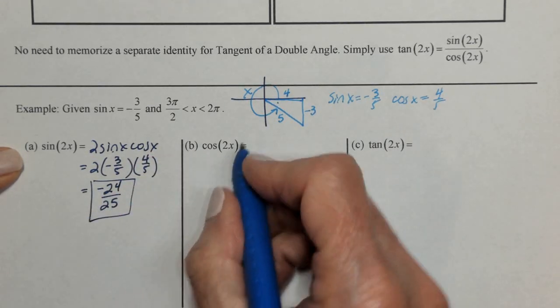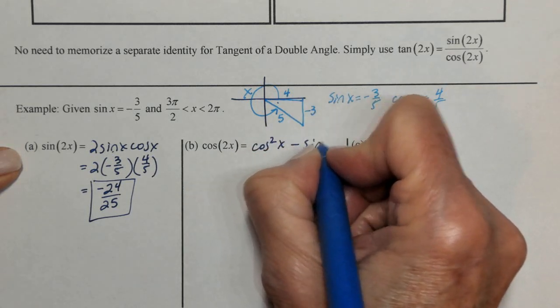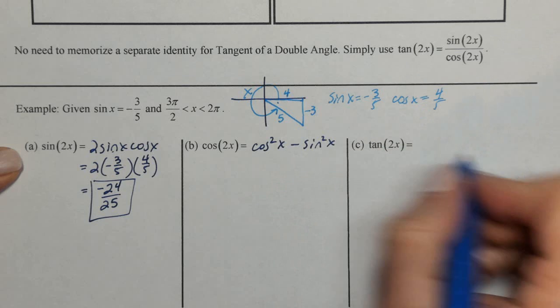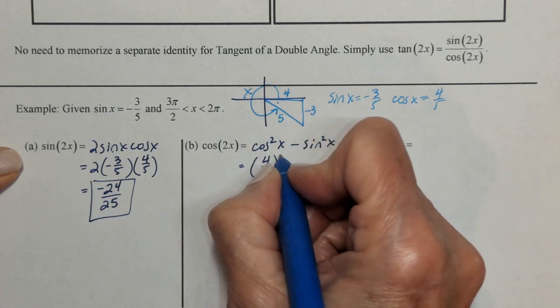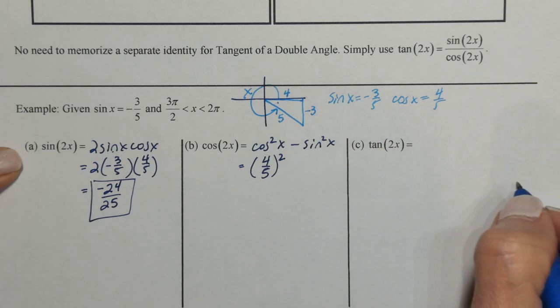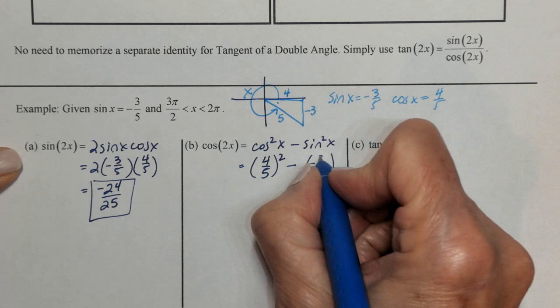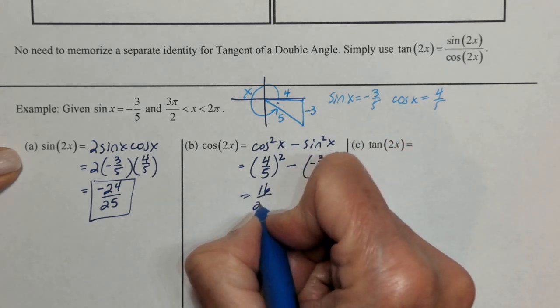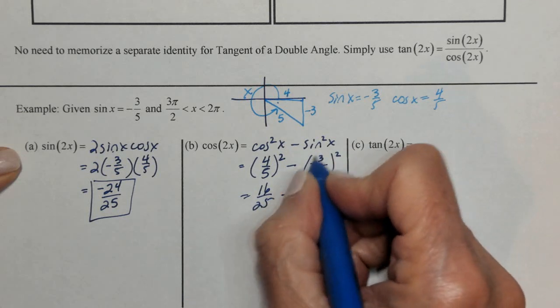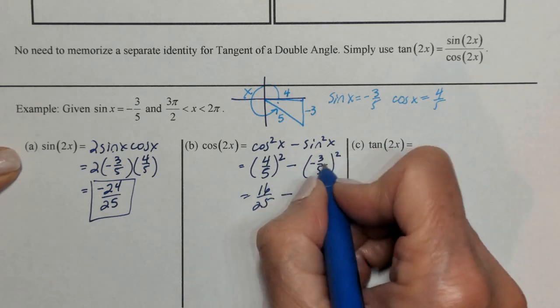Cosine of 2x is cosine squared x minus sine squared x. Cosine squared is 4/5 squared minus sine squared, that's negative 3/5 squared. So this is 16 over 25 minus, we're squaring a negative, so it's going to be a positive, but this minus is still in play.